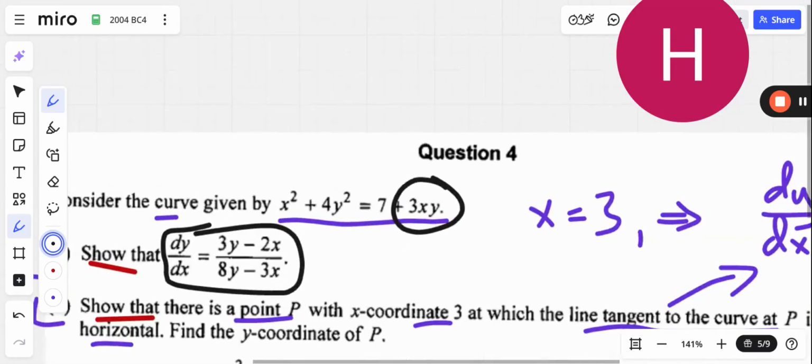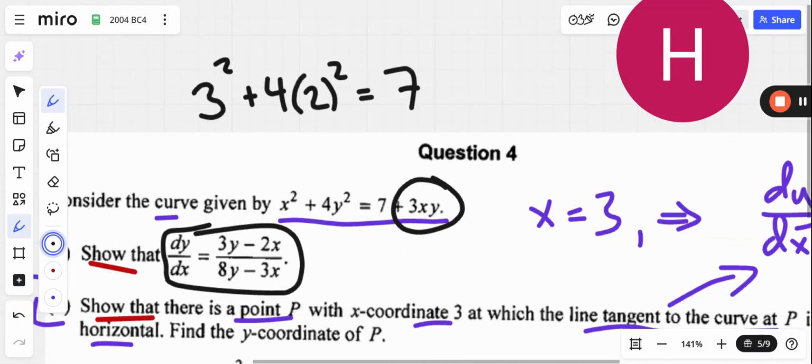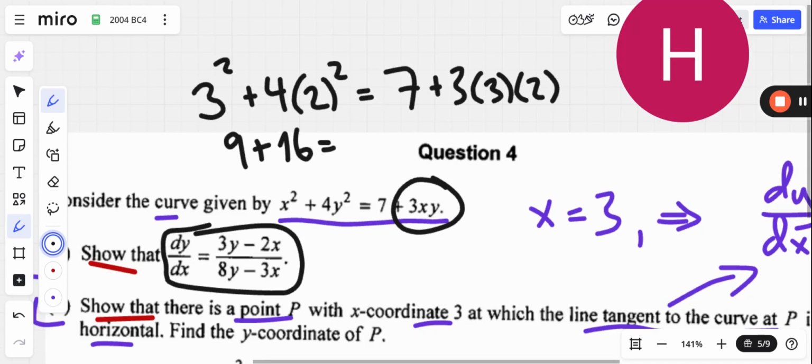So let's plug in 3 for x and 2 for y, and check that this will indeed be equal to 7 plus 3 times 3 times 2. Fair enough. So we're going to have 9 plus 16, which is 25. 7 plus 3 times 3 is 9, 9 times 2 is 18, and 7 plus 18 for sure is 25.